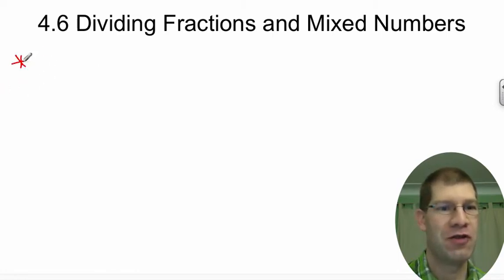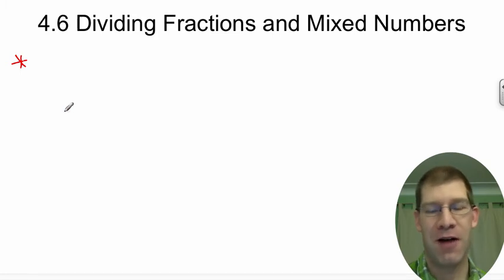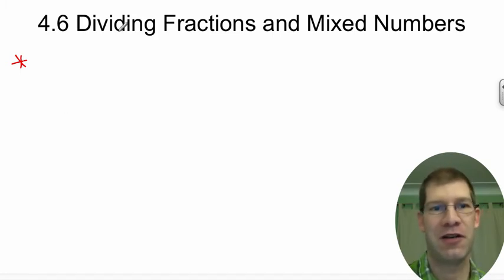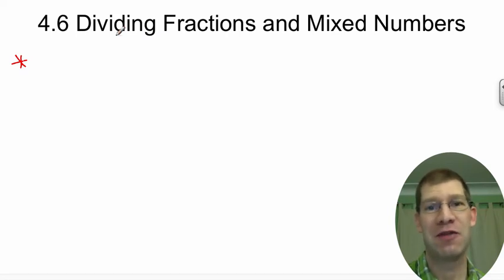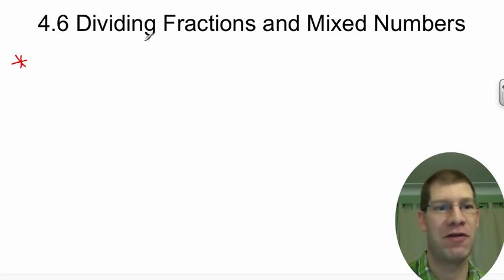First thing, assuming you copied down the title already, the real key is this one thing: when you're dividing by a fraction, it's the same as multiplying by the reciprocal of the fraction.